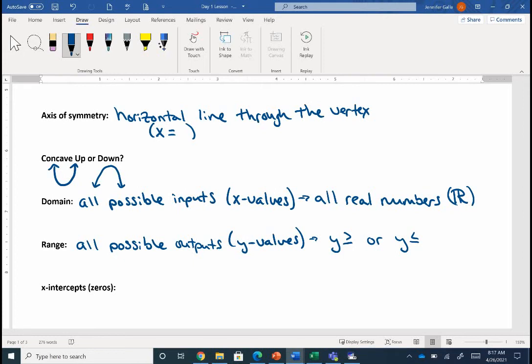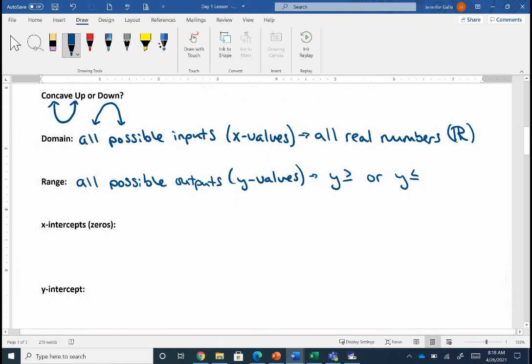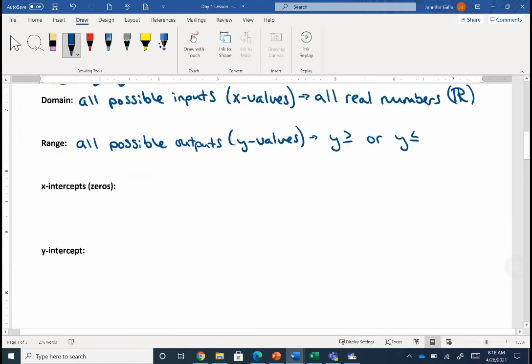Couple other features on our graph, and we're going to get more specific on these last two features in our next lesson. We're not going to focus so much on them today, but I want to introduce you to all the key parts today, and then we're going to build from there throughout the week. So our x-intercepts, oftentimes referred to as the zeros, we refreshed on x-intercepts and actually y-intercepts on one of our review questions last week.